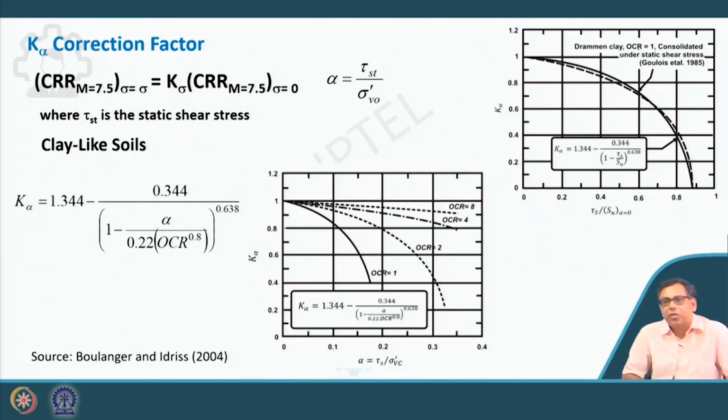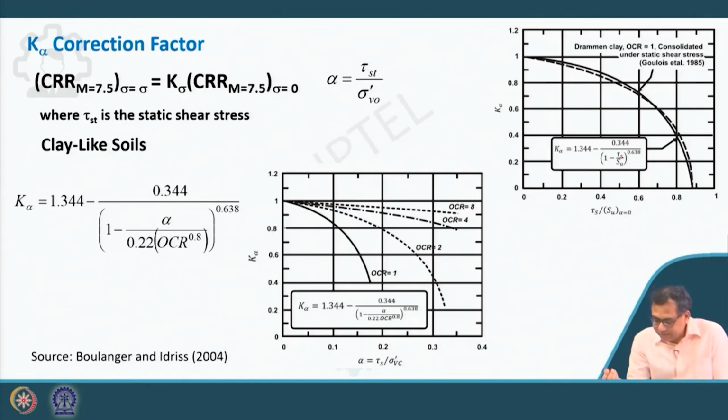If it is normally consolidated soil, this is the expression: 1.344 minus 0.344 divided by 1 minus tau ST divided by Su into 0.638.